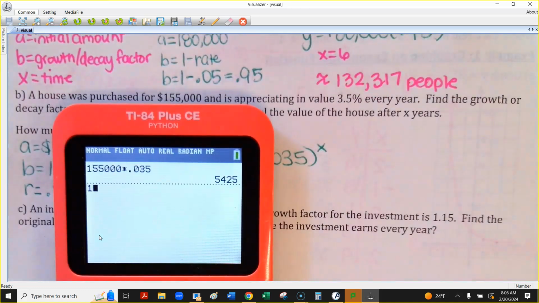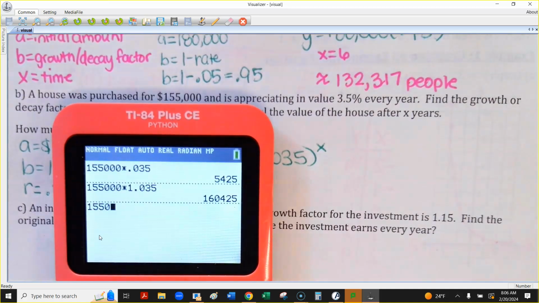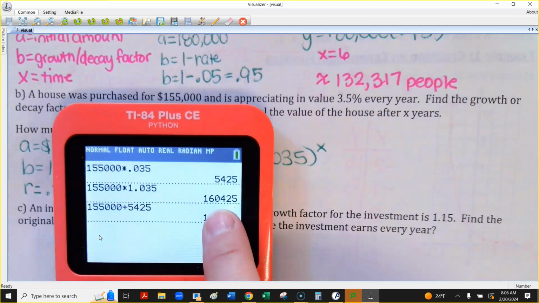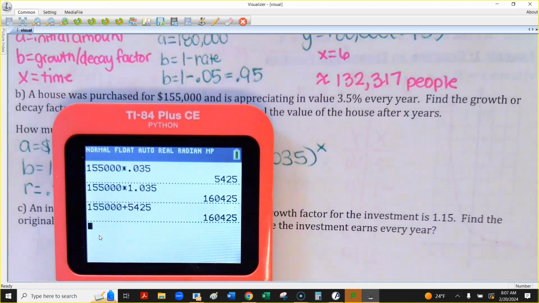If I do that times 1.035, instead of us having to do 2 separate steps and take 155,000 plus that 5,425, if I just do it with that 1.035, it adds that on for me. So that's where that 1 comes into play when you're doing any of these questions. If I do that 1.035, it just automatically tells me in that next year that's how much the house would increase. So that's why the 1 is involved in that.